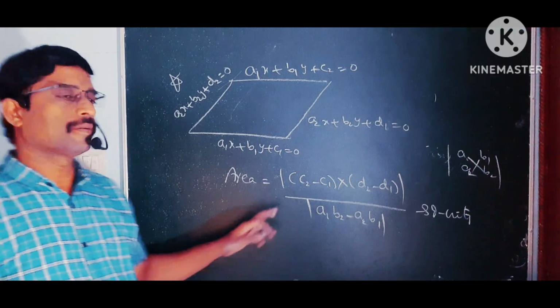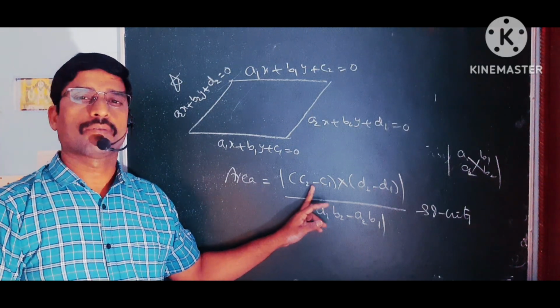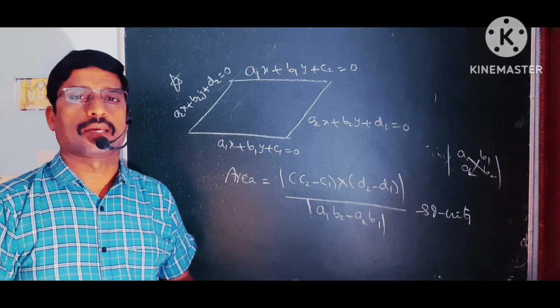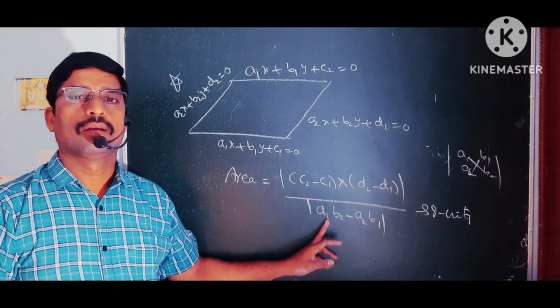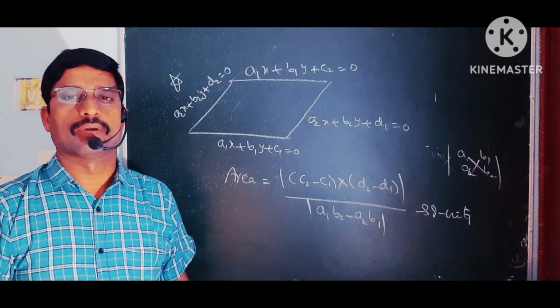So what is the formula here? Modulus of the product of difference of constants of opposite sides by modulus of A1 B2 minus A2 B1.